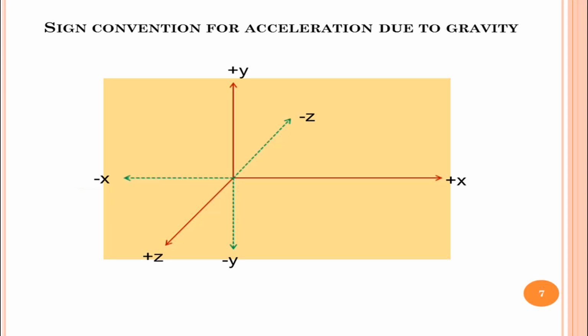Now let us consider a coordinate system with x-axis, y-axis and z-axis. The coordinate axes marked red are considered to be the positive x-axis, positive y-axis and positive z-axis. And the axes marked green are considered as the negative x-axis, negative y-axis and negative z-axis.